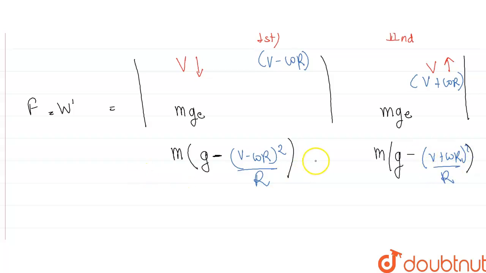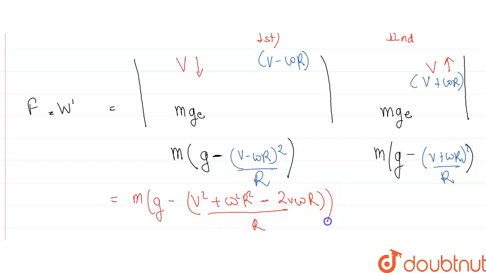Let's solve it further. Now see, m g minus v square plus omega square r square, minus 2v omega r, divided by r.